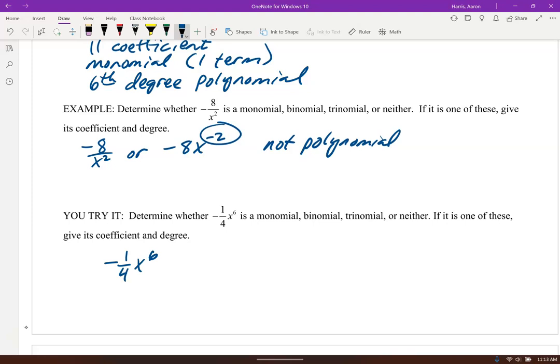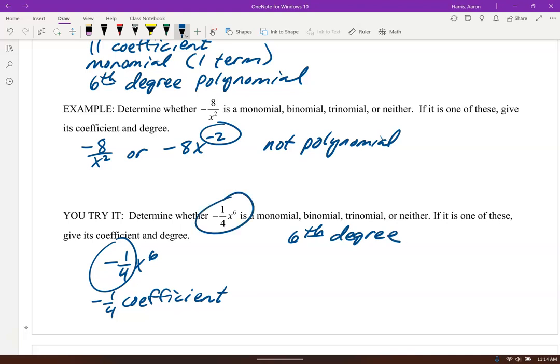Notice the degree is 6, so it's a whole number, and your coefficient right here is negative 1/4. As long as that's a real number, you're fine. So 6th degree again. How many terms? Just one term, so this is a monomial.